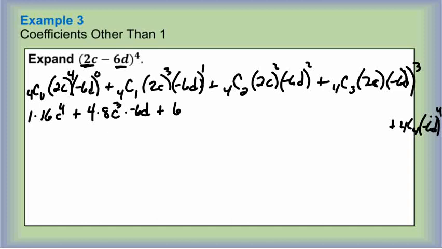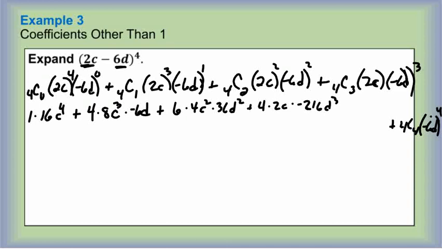So 6 times 2 squared is 4, c squared, negative 6 squared is 36, d squared. Plus 4 choose 3, that gives us 4. So 4 times 2 to the first power is 2c, times negative 6 cubed is negative 216, and this would be d to the third.